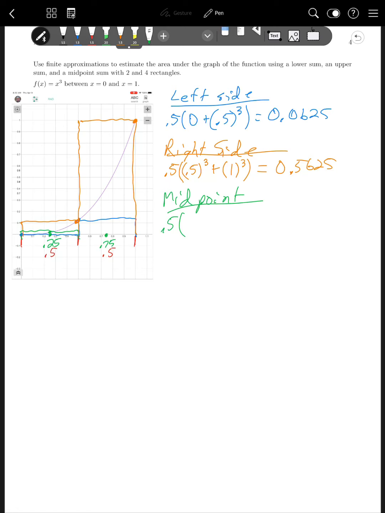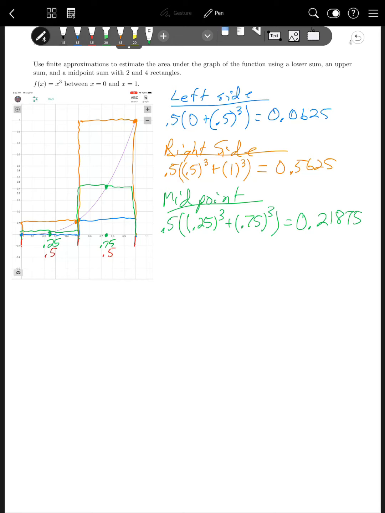And then we could do our midpoint sum. So the width stays the same, so that 0.5 is going to stay the same, but now the heights are going to be different. So for this one, it's going to be at 0.25. Right? 0.25 is halfway between 0 and 0.5, and for this one, it's going to be at 0.75. Okay, and to find those values, you just plug the midpoint into the function.